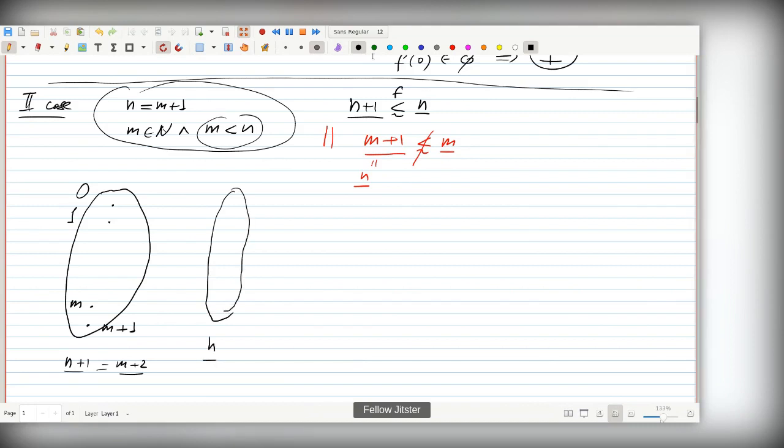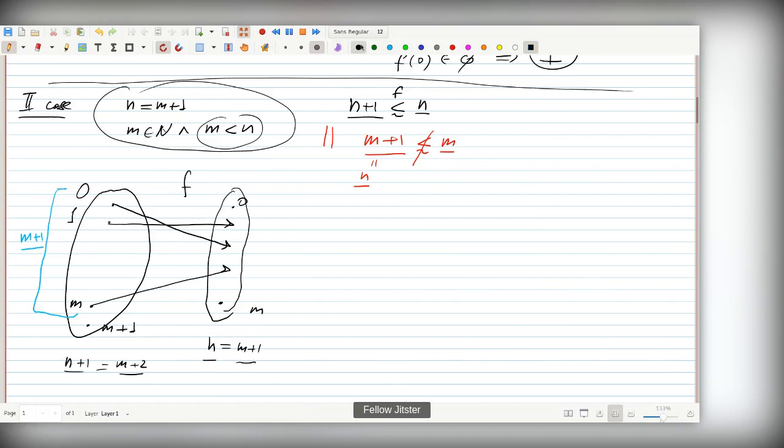And in n underlined, which is m plus 1 underlined, we have elements from 0 up to m. So 0 is mapped somewhere via our function f, 1 is mapped somewhere, and so on. But now let us look at m plus 1, the greatest element. After all, anything except this element is just our set m plus 1 underlined. Yeah?